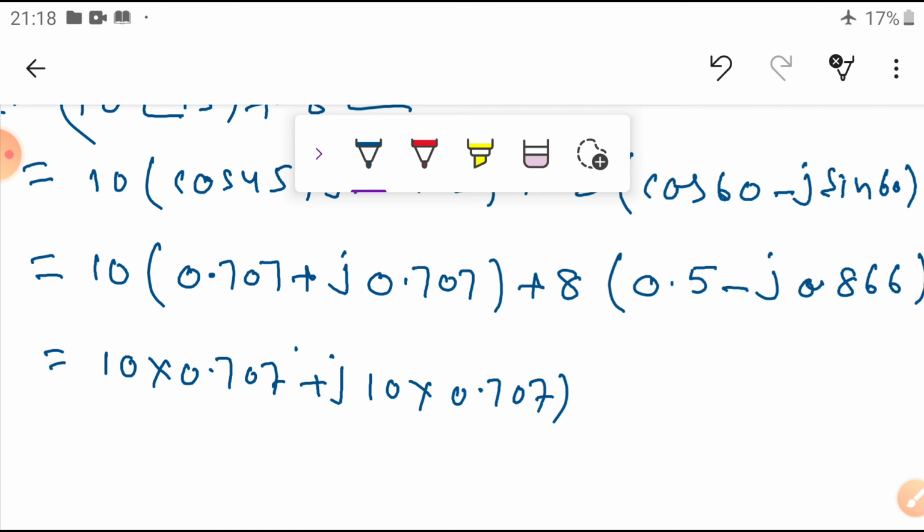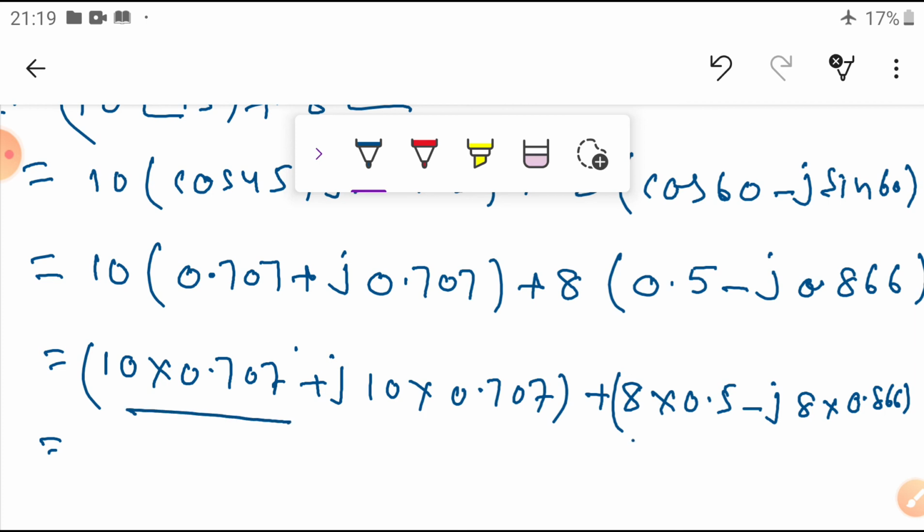Okay, simply multiply it, plus similarly 8 into 0.5 minus j into 8 into 0.866. By multiplying, we are going to get it in the form of real part and imaginary part simply by adding. So this is the real part, this is the real part, this is the imaginary part, this is the imaginary part.